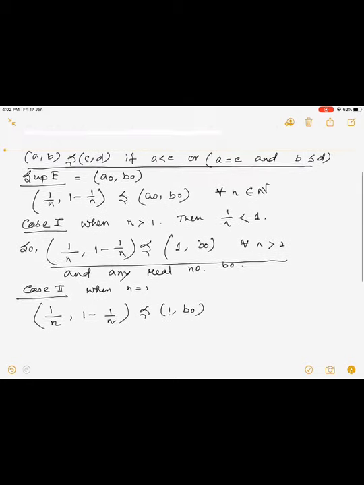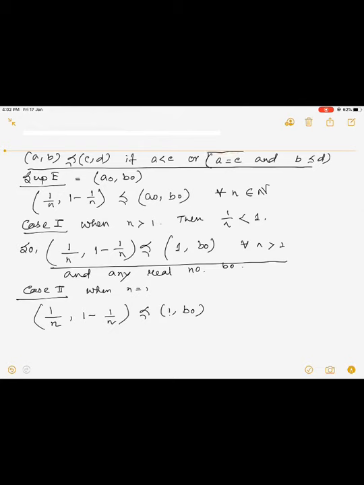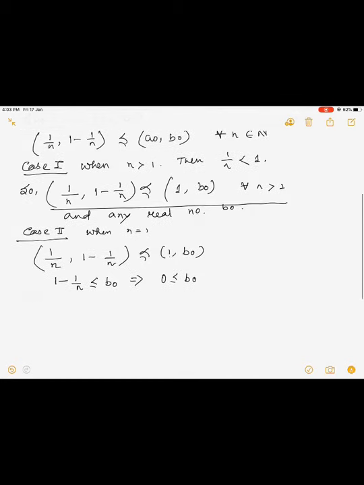Now for n equals 1, 1/n is equal to 1, so we will use this condition: 1 minus 1/n is less than or equal to B0. Since n is equal to 1, 1 minus 1/1 is 0, so B0 is greater than or equal to 0. The minimum possible value of B0 is 0.